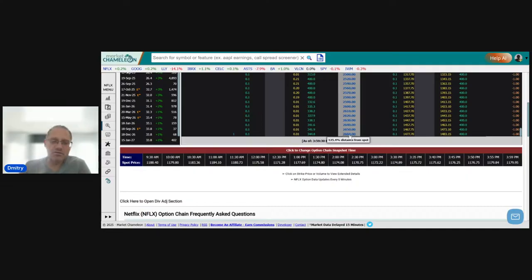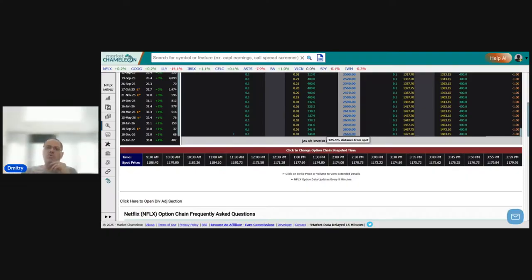So if the stock goes down $1, it won't impact that option price, and even if it goes up $1, a $1 move is not meaningful in this situation. We're way away. So that's the delta of the option.